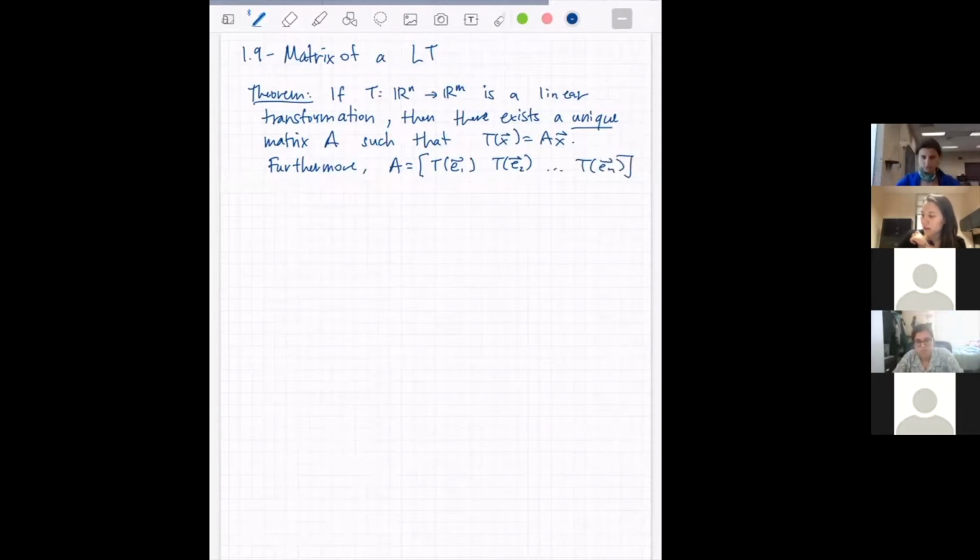And remember that for Ei, this is the vector with zeros except for a 1 in the ith entry. That's what that object is.